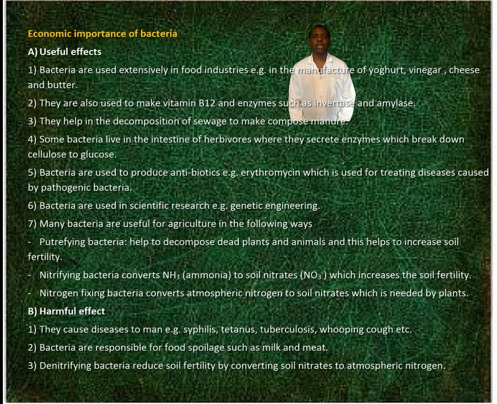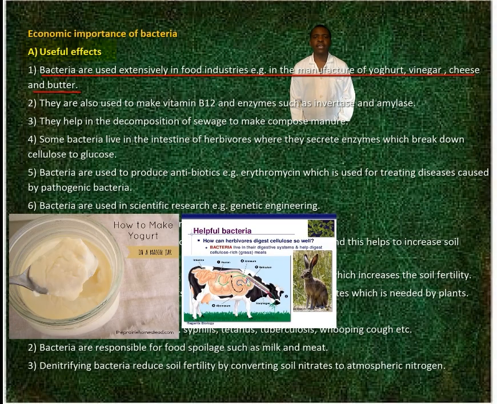Economic importance of bacteria. A. Useful effects. Bacteria are used extensively in food industries, example, in the manufacture of yogurts, vinegar, cheese, and butter. They are also used to make vitamin B12 and enzymes such as invertase and amylase.